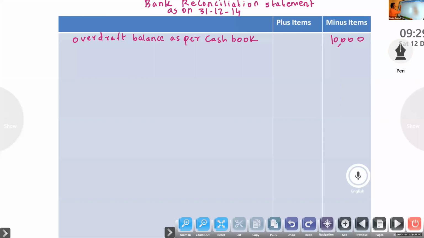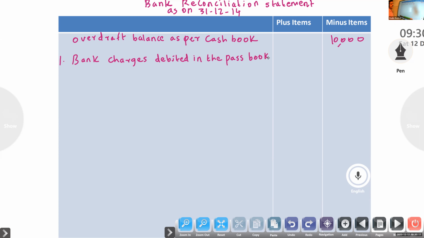Now each cause. Bank charges debited in the passbook.